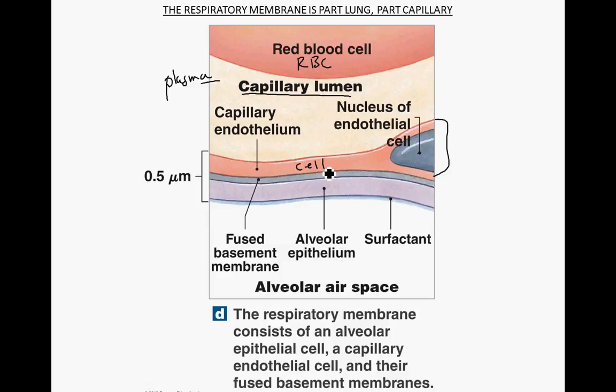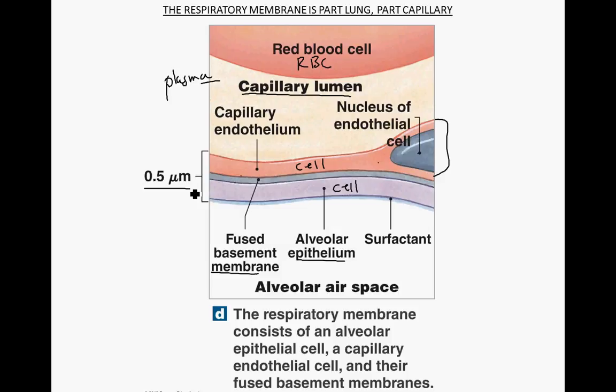Then between that cell of the endothelium of the capillary, here is the alveolar epithelial cell. So this is another cell, and between them is that basement membrane. The basement membrane of this endothelium and the basement membrane of this epithelial cell are fused together, right? And now this distance is only half of a micrometer.